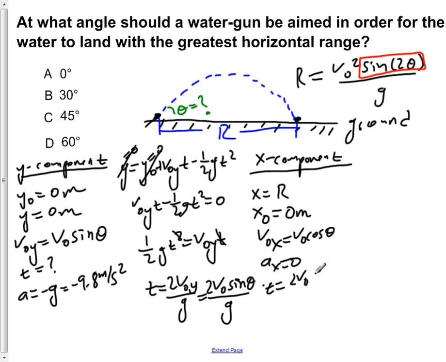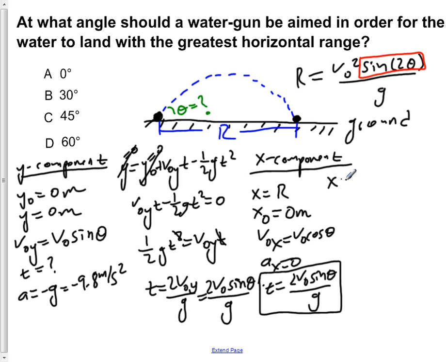We know the time is 2 v naught sine theta over g, because this is the time for the object to go from its initial position of y naught equal to 0 to its final position of y equal to 0. This is the entire time in which the object is traveling, so this also accounts for the entire time that the object is traveling in the x direction. So that's why we put t equal to 2 v naught sine theta over g into the x equation.